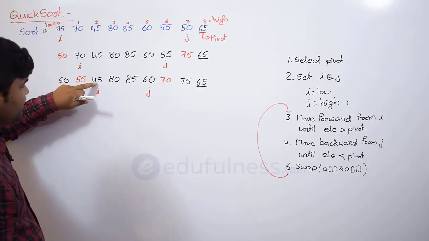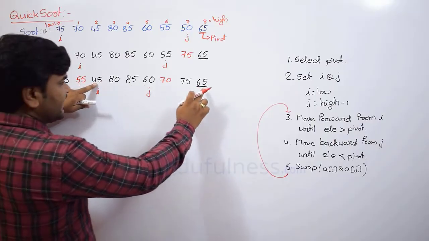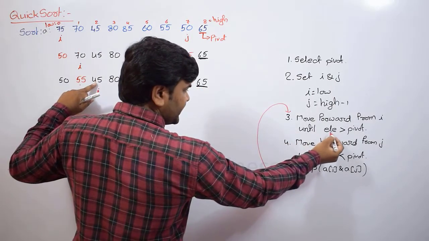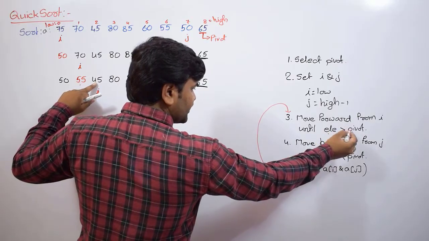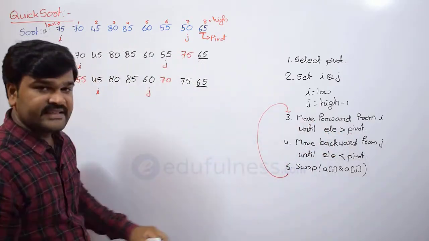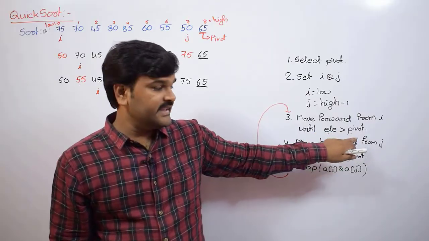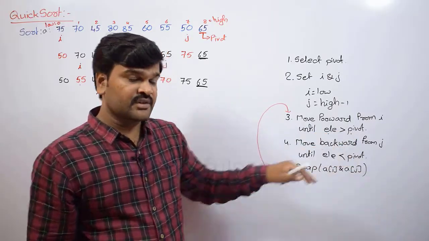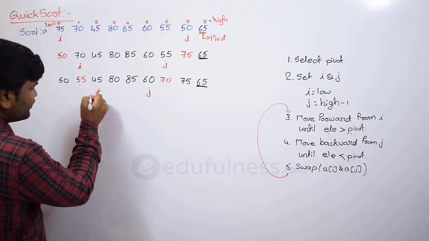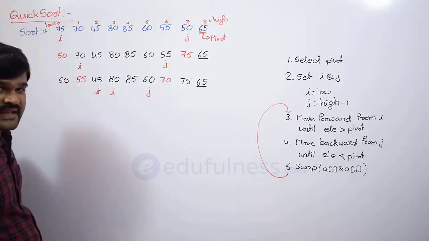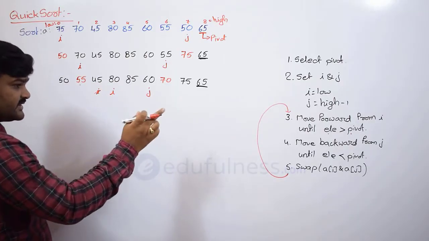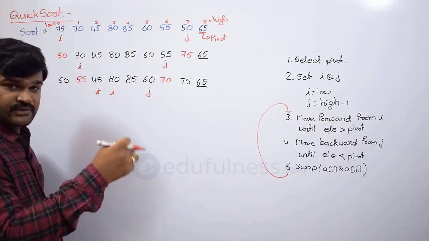In the third step, 45 is less than the pivot. It says until the element is greater than the pivot, but the element is not greater than the pivot, so you simply move; I is moving to the next element. Because it is "until", it is an iterative loop.